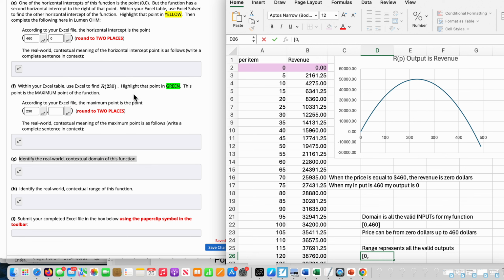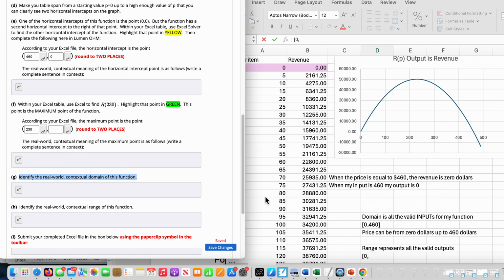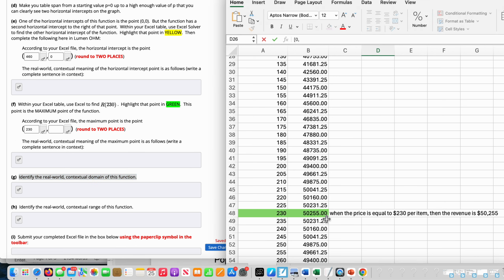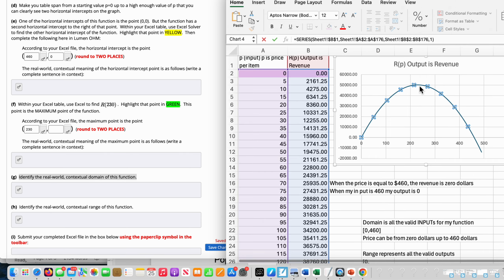Okay, here it wants to know at 230, right? The maximum is 50,255. We already did that in this last problem. So that's the biggest output I get. It's right up here on the function, right?